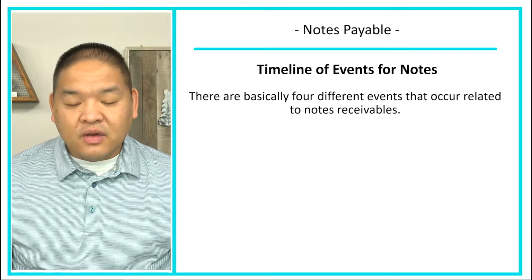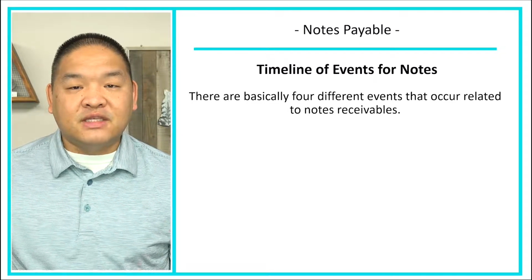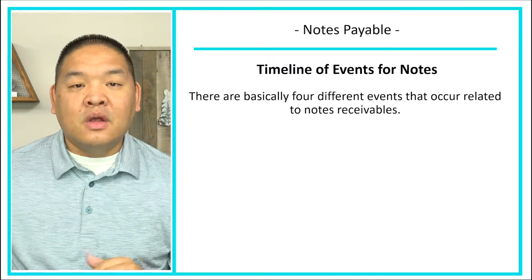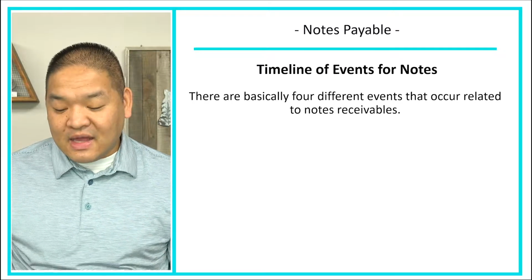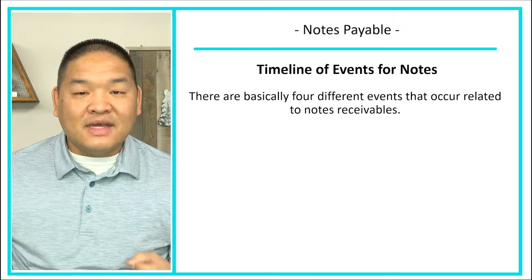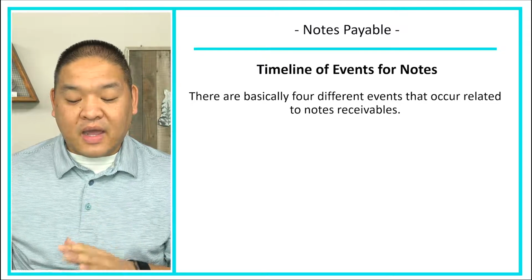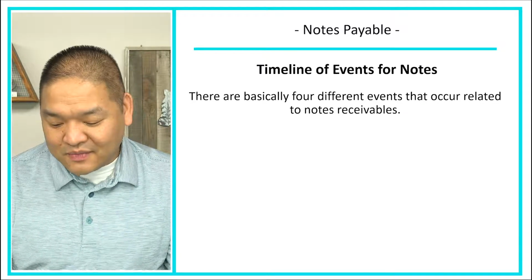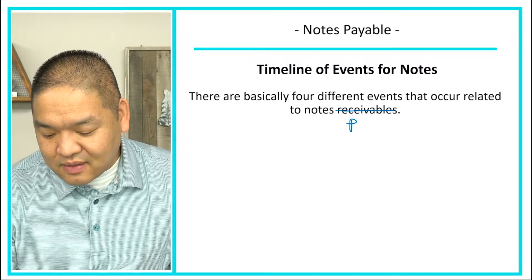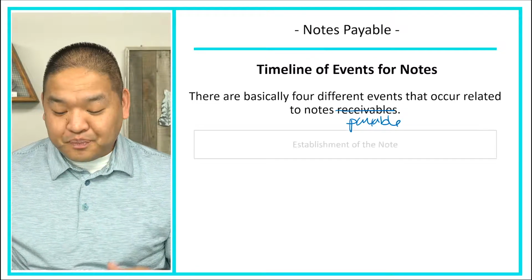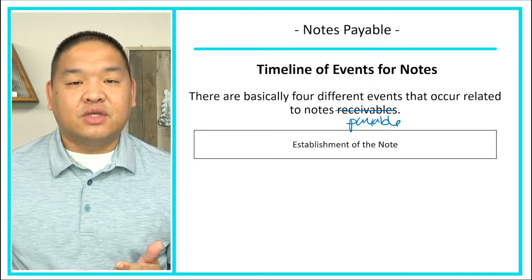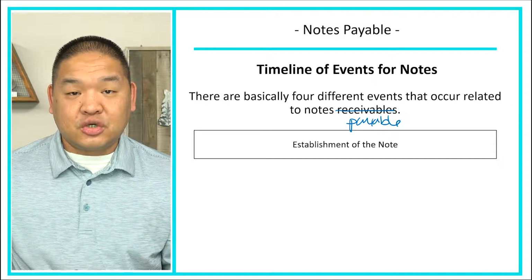All right, let me give you a timeline of the events in the life cycle of a notes payable. There are basically 4 different events that occur related to a notes payable. First, we're going to establish the note with a journal entry.